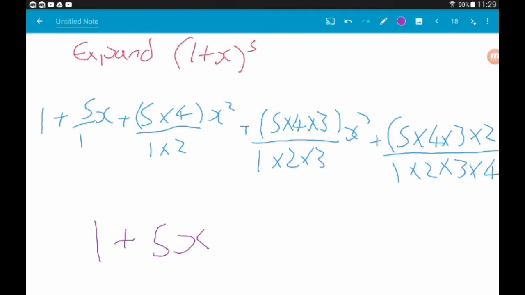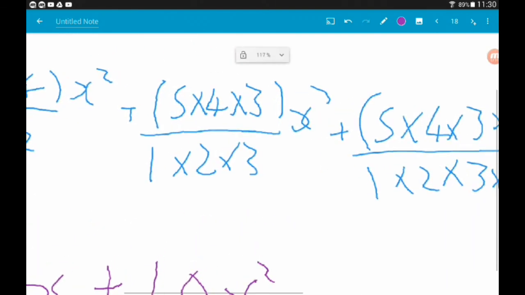Now this is where the fun starts. So now we've got 5 times 4, which is 20 over 1 times 2. So that's going to give us 20 divided by 2, which is 10. So we get 10x squared.